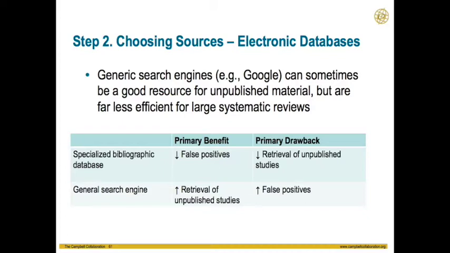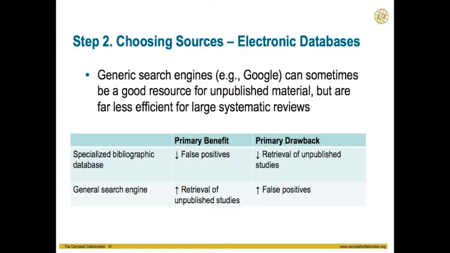So you're going to have to wade through a lot of information, and they're really low yield. And so it's usually not recommended that you use those. The reason is that they're very inefficient, and it's very unsystematic if you say, oh, I'm going to search Google and then only go through the first 1,000 hits.